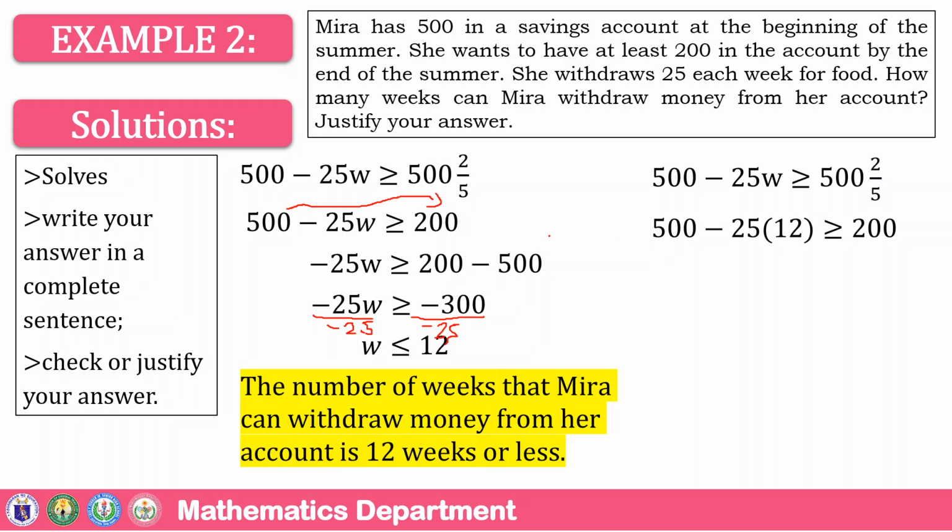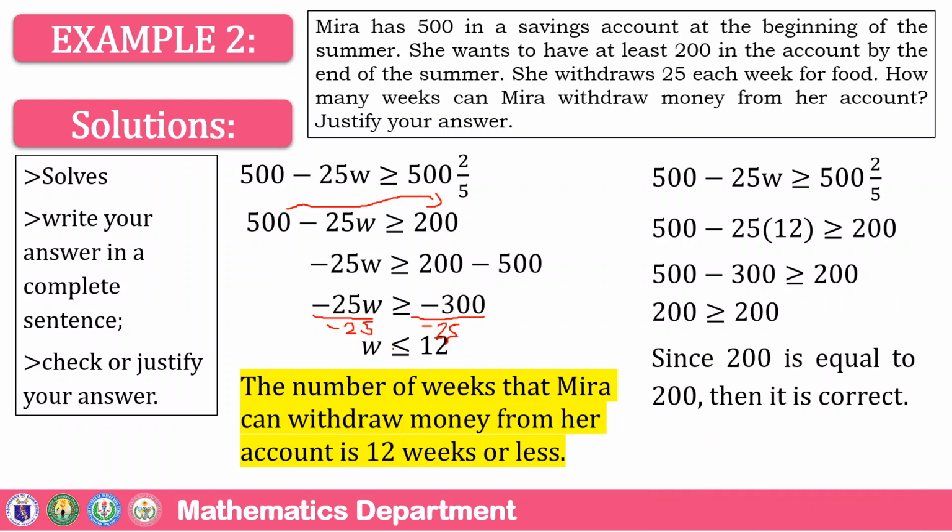So, 25 times 12 is 300. So, we have 500 minus 300. So, that is 200. Ibig sabihin, we have 200 is greater than or equal to 200. So, this is correct pa din.